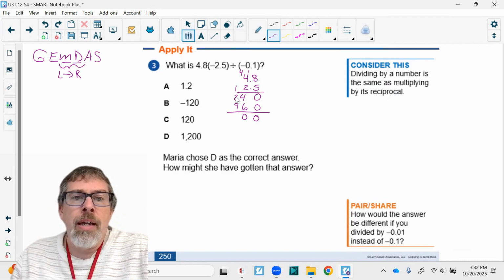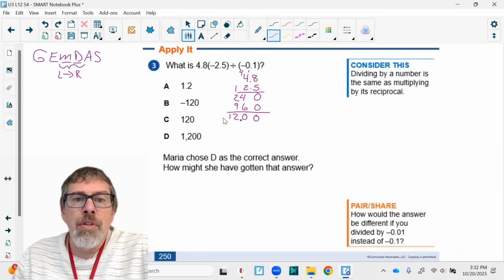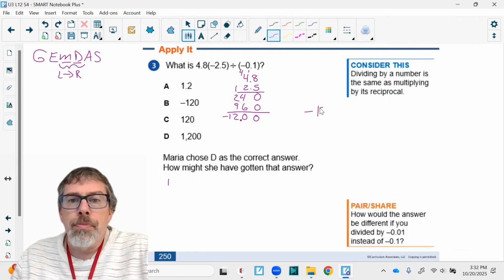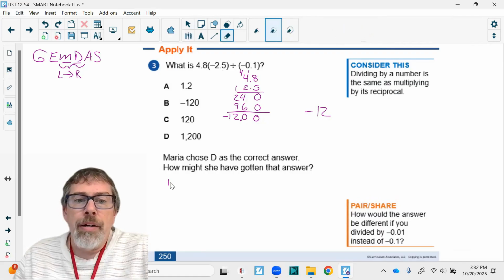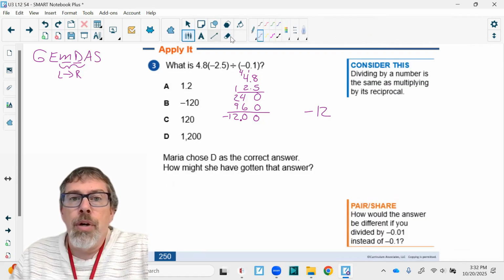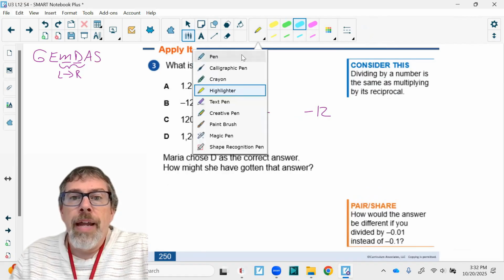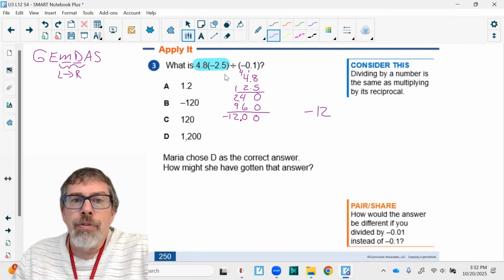Carry the 1. 9, 10, 11, 12. 2 decimal places. 4.8 times a negative, positive times a negative is going to be negative. So now I have negative 12 for my product. So I've only done this so far.